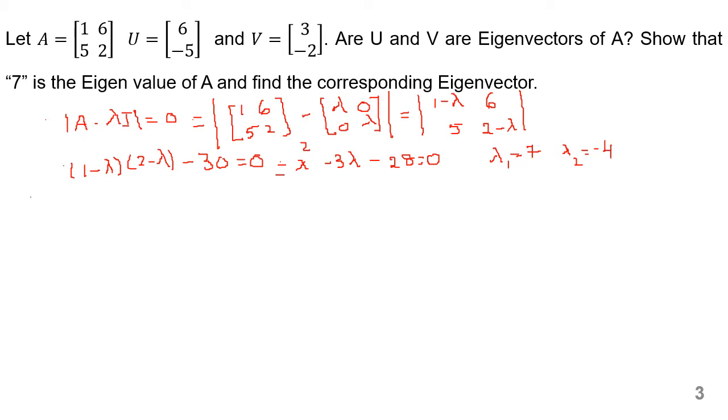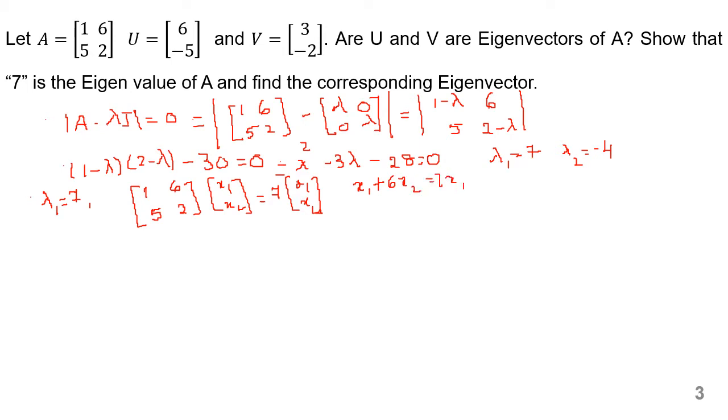Corresponding to the eigenvalue lambda 1 equal to 7, we will try to find the eigenvector. A, that is 1, 6, 5, 2, multiplied by x1, x2 is equal to 7 times x1, x2. When I simplify this, I get x1 plus 6x2 is equal to 7x1. That gives you minus 6x1 plus 6x2 is equal to 0.